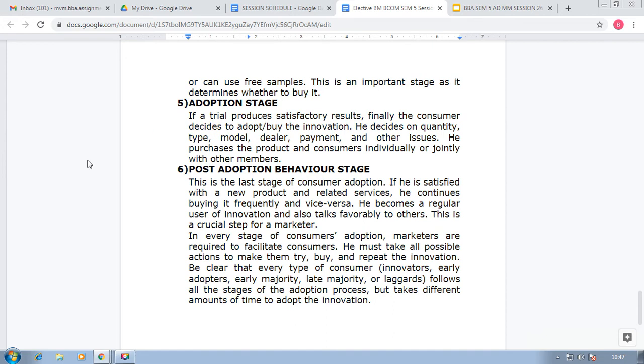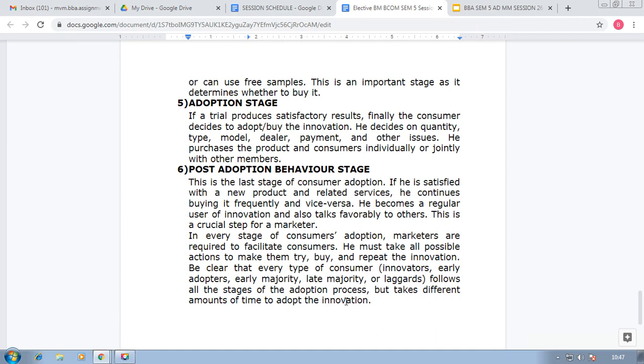અહીંયા માર્કેટર એટલા પ્રયત્નો કરે કે કન્ઝ્યુમર્સ નાની બોટલ લે તો નેક્સ્ટ ટાઈમ એ 500 mlની શેમ્પૂની બોટલ ઘરે લઈને આવે. કાર લે તો નેક્સ્ટ ટાઈમ બીજા 10 જણાને કહે કે કારનું બ્રાન્ડ બહુ સરસ છે, મોડલ બહુ સરસ છે, તમે લ્યો. મોબાઈલ લ્યો તો તમે બીજા તમારા ફ્રેન્ડ્સને કહી શકો કે ખૂબ સારો મોબાઈલ છે, પ્રાઇસ રિઝનેબલ છે, તમે લઈ શકો. So he must take all possible actions to make them try, buy and repeat the innovations.